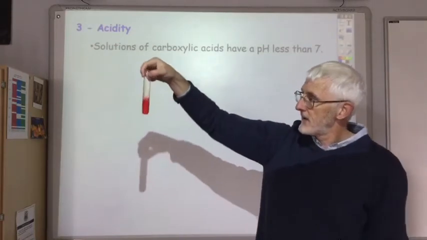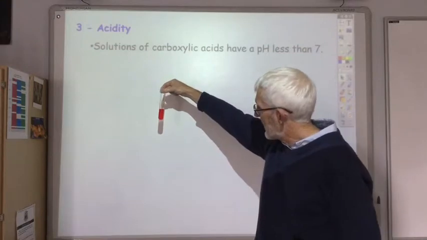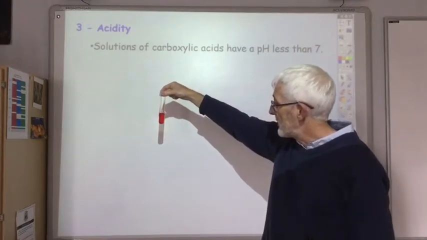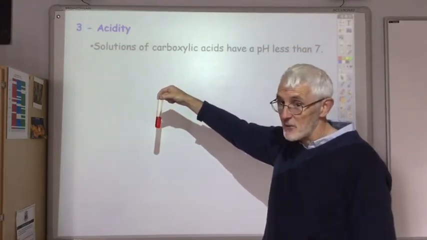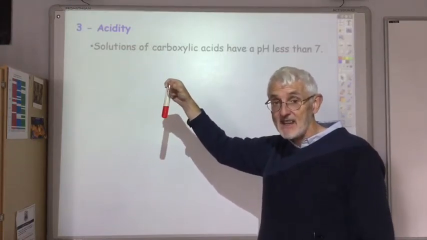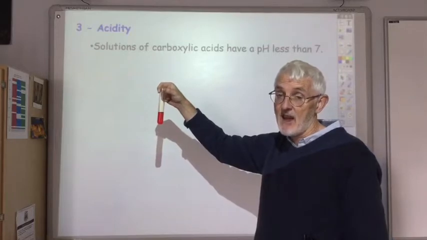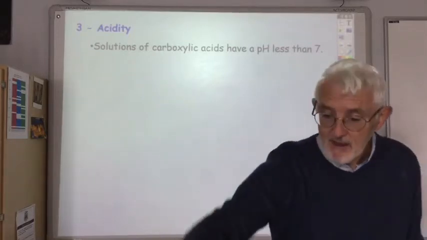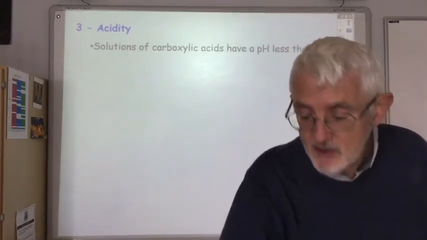Give it a wee mix up. So we see we've got a very acidic solution with a very low pH. So don't forget that carboxylic acids are acids. That's a very easy way to quickly identify carboxylic acids, is to test the pH.